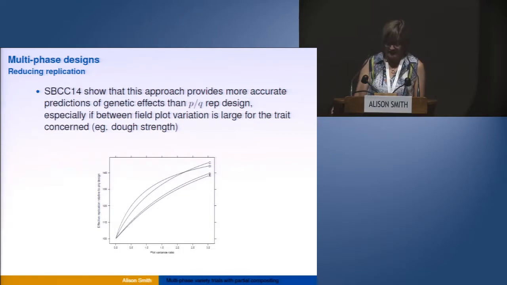So when there's hardly any plot variation relative to the lab, then there's not much gain in using the compositing approach. But when there's quite a substantial amount of field variation, the gains of using compositing strategies can be quite substantial. We've got up to 40% gain in effective replication on the graph we've got there.